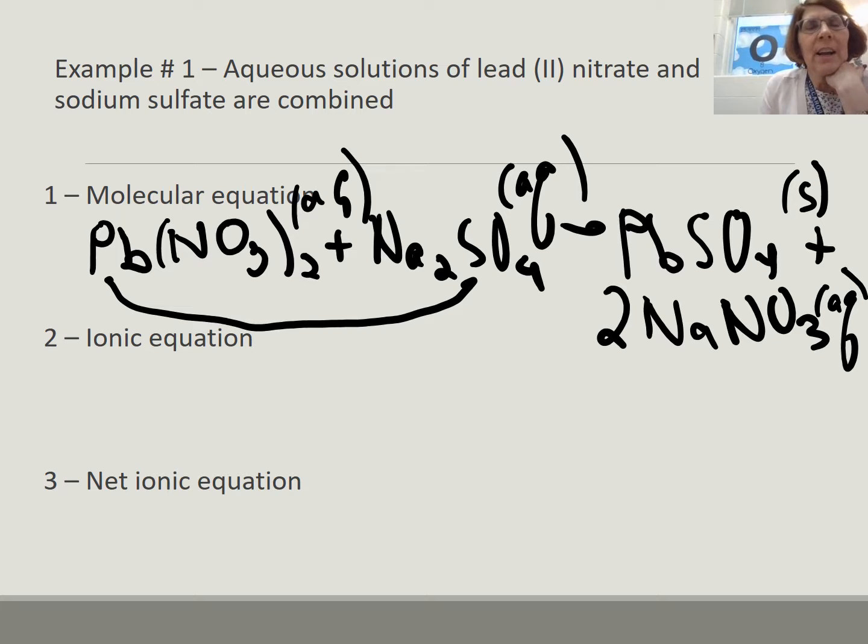So we have 2 of those, and then we're good. We should have aqueous here and aqueous there. All right, so our ionic is going to be separating all those ions.